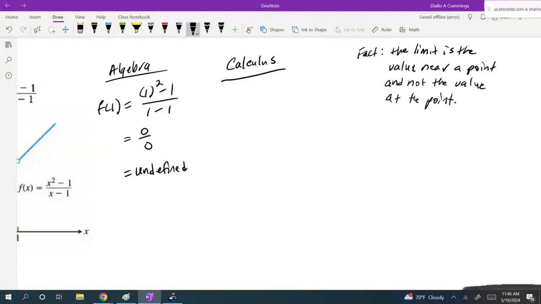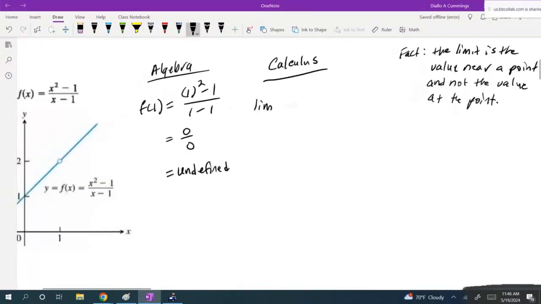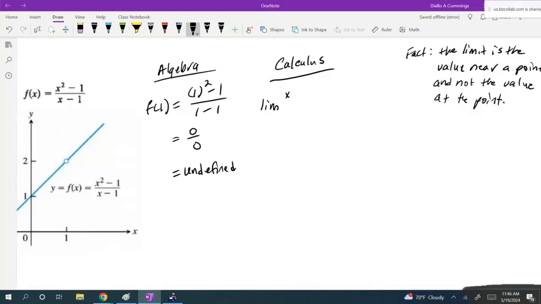So in calculus, let's say if we wanted to find the limit of our function, which is x squared minus 1 divided by x minus 1, as x approaches 1. So in calculus notation, this arrow that you see means approaches.